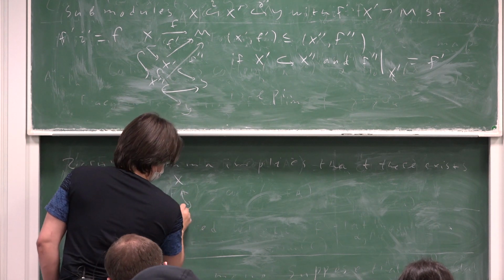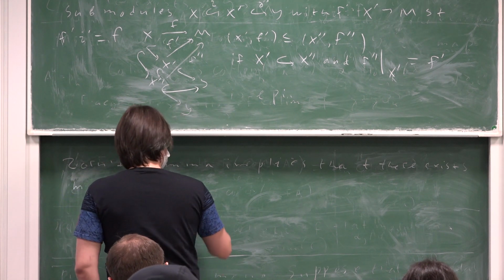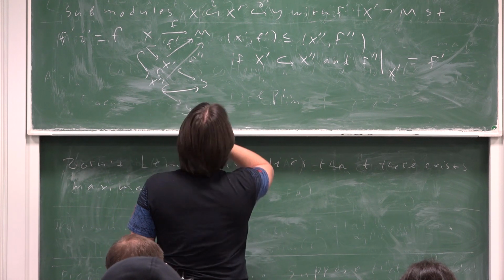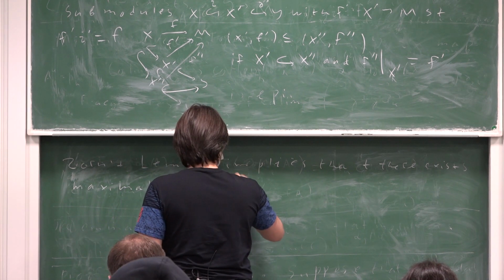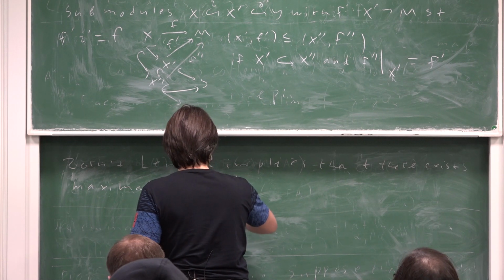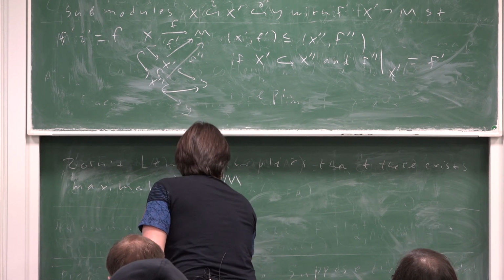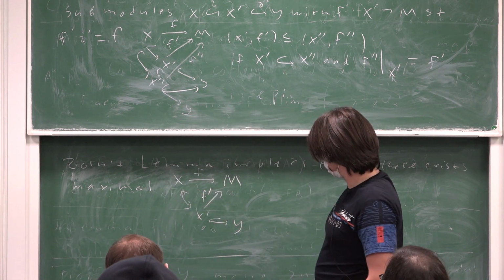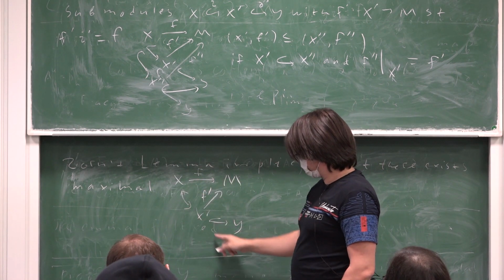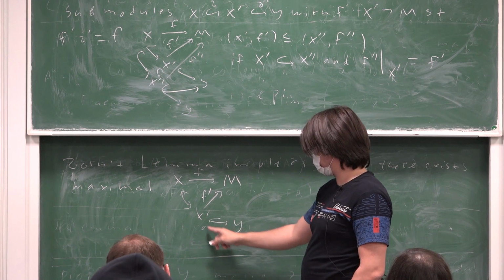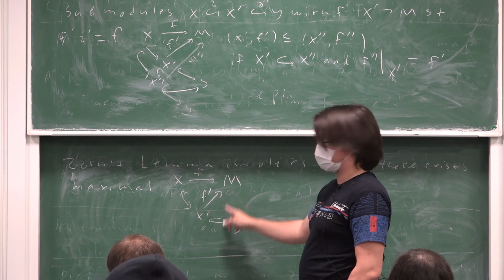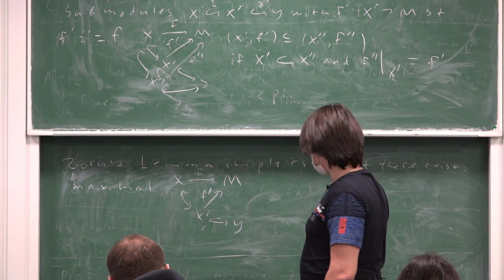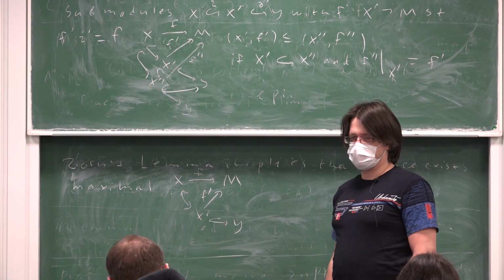So x lies in x prime, here we have f, and here some f prime. This guy commutes, and there is no intermediate x2 prime here to which we can extend f prime. We need to prove that x prime equals y.